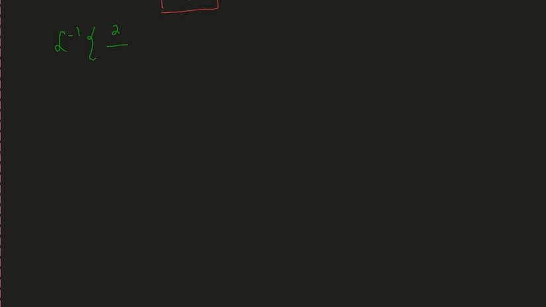2 all over s raised to 5. Okay? So, based sa ating ginagamit nga process, pwede na ito i-factor ang ating nga constant, which is 2, and then we will have inverse Laplace transform of 1 all over s raised to 5. So, pwede natin ma-relate sa aton Laplace nga formulas.